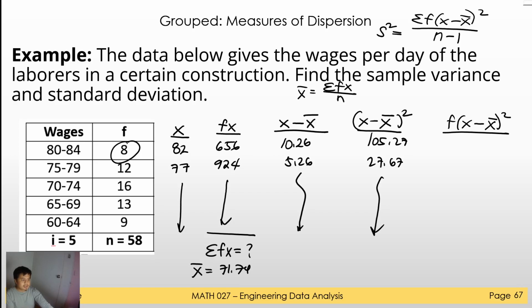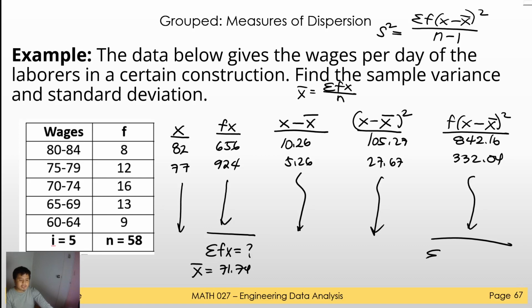We just want to multiply this 8 times 105.27. I won't calculate this anymore; this will be 842.16. And 12 times 27.67 will be 332.04. Then find this as well for the other rows.